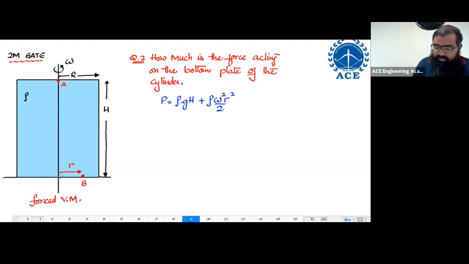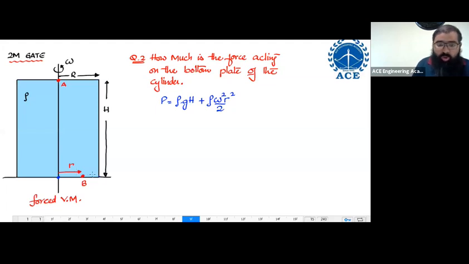Now please observe, the radius is varying from 0 till capital R. You see rho gh is constant, rho omega square by 2 is constant, but r is variable. Since r is variable, pressure throughout the bottom plate is becoming variable.